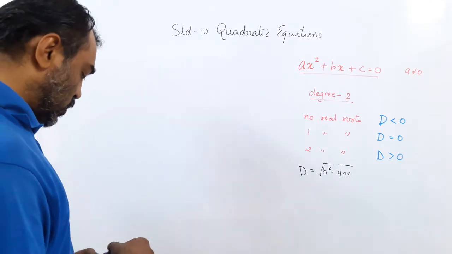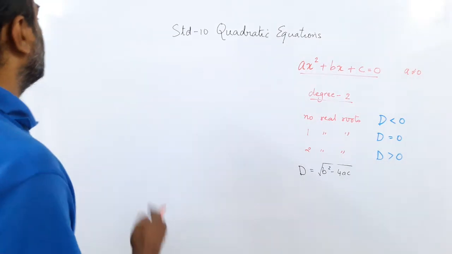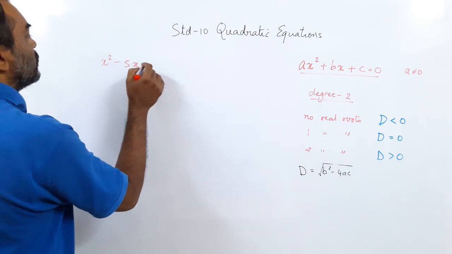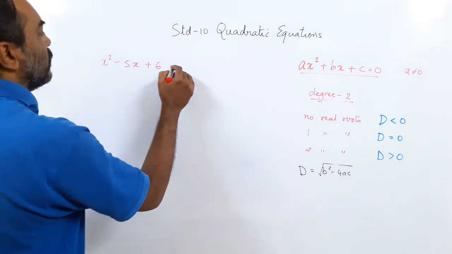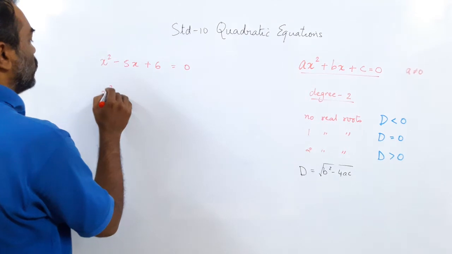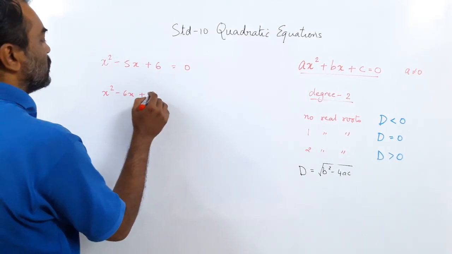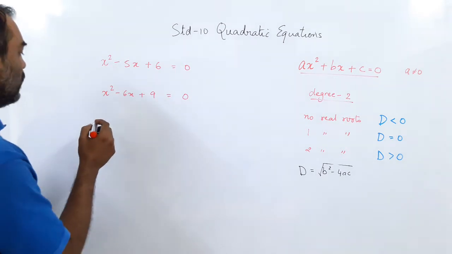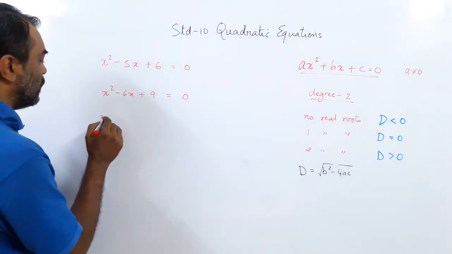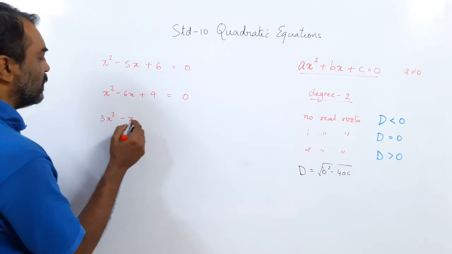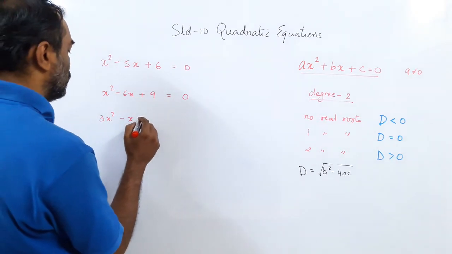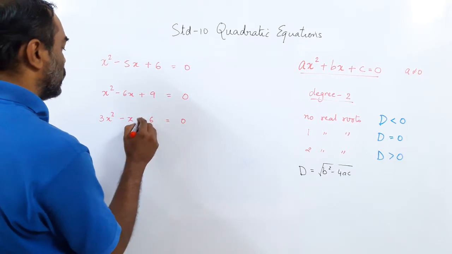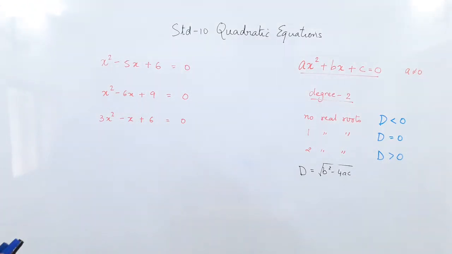So let us check it out, writing a few examples here. Let us say x square minus 5x plus 6 equal to 0. x square minus 6x plus 9 equal to 0. Second equation, then we'll write 3x square minus x plus 6 equal to 0.